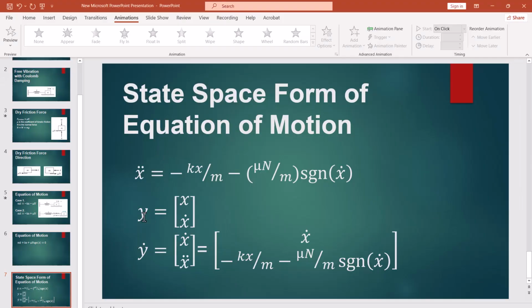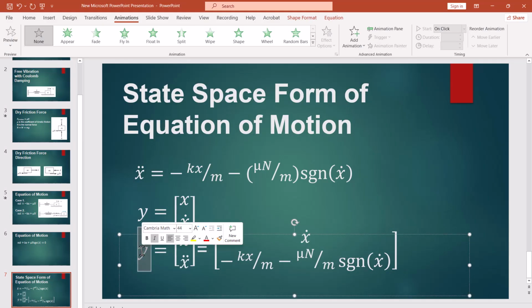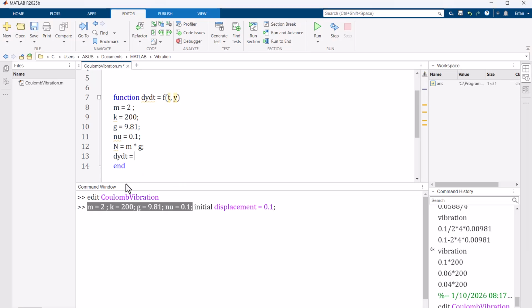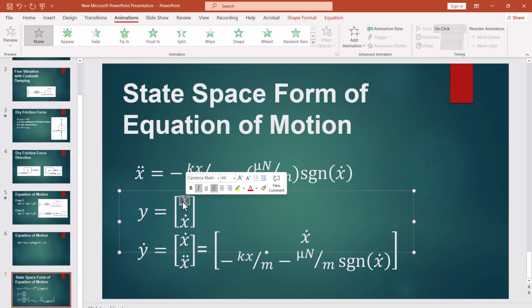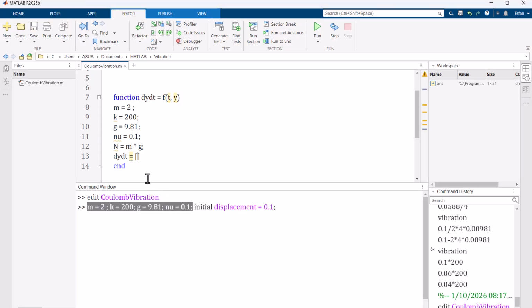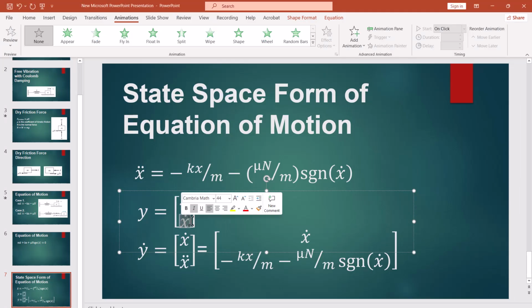So what is my equation? This is the equation I want to implement, and it says dy/dt, or y dot, is equal to x dot and this term. So y consists of these two terms, x and x dot. Since MATLAB is not aware of x and x dot, this value is called y1 and this value is called y2.